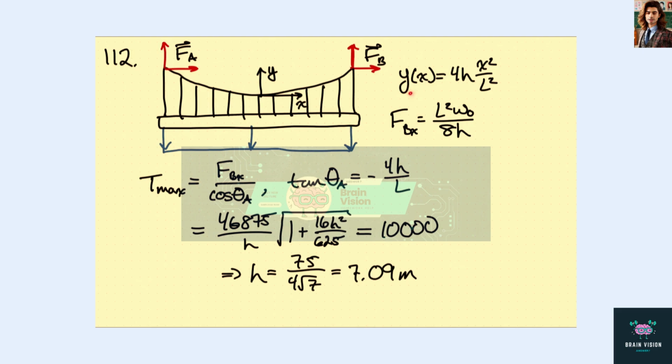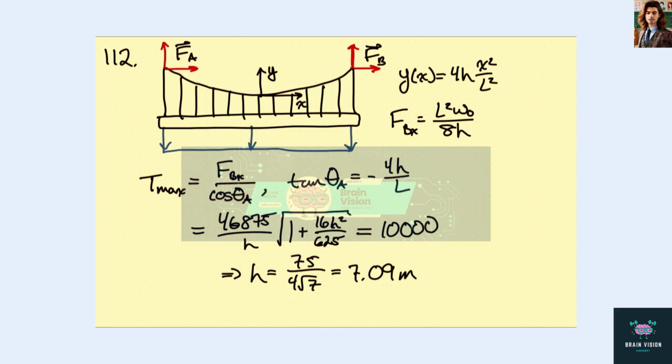So we can take the derivative of this and put in x equals L over 2, and we get that the tangent of the angle is minus 4h over L. We know L. We know F_Bx in terms of h. So if we plug everything in here and use some trig identities, we get this formula, so that T as a function of h is given by this equation.